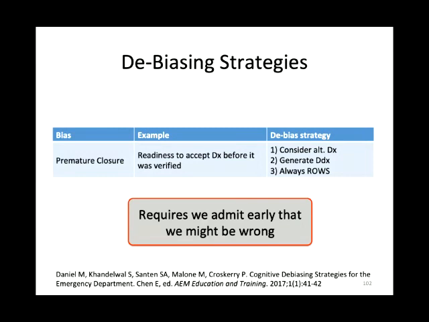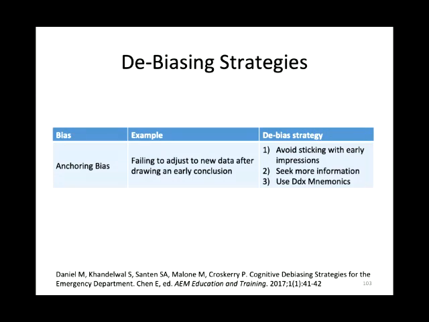In order to do this, on some level though, we have to admit fairly early on that we might be wrong, because there's no point in generating a differential diagnosis if you know one of the diagnoses is correct. You're just wasting your time adding additional alternative diagnoses that you already know are incorrect. So you must be able to force yourself to admit that you might be wrong.